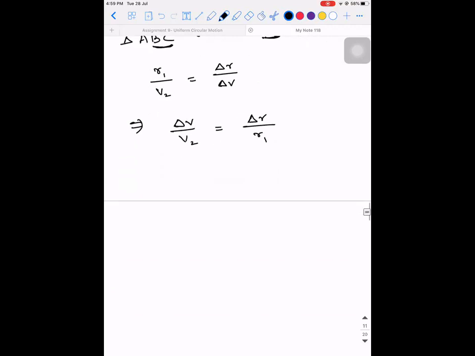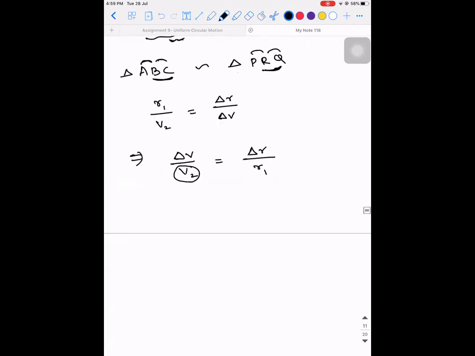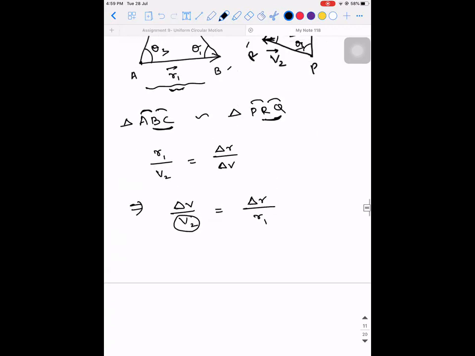What I'm trying to say here is V2 is going to be the magnitude of the velocity, because I've taken the length of this side.